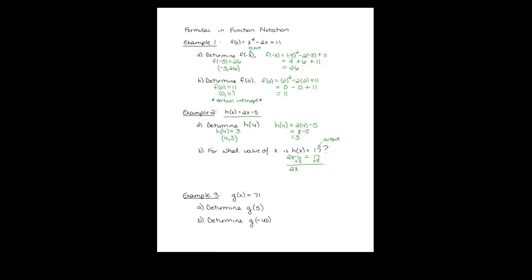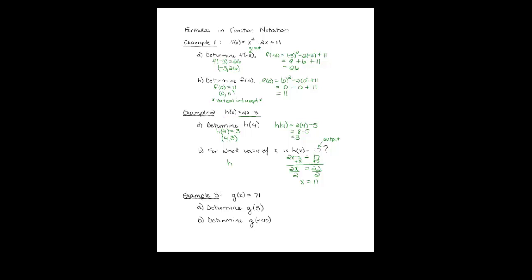We wind up with 2x minus 5 plus 5 is 0, equals 17 plus 5 is 22. Now we need to divide both sides by 2. 2x over 2 leaves us with x, so the x is isolated. 22 divided by 2 is 11. So x equals 11 when h of x is equal to 17.